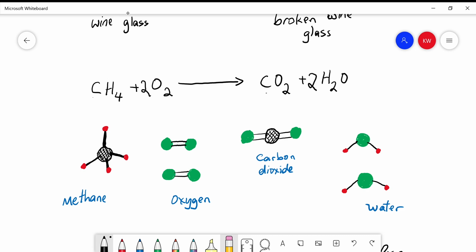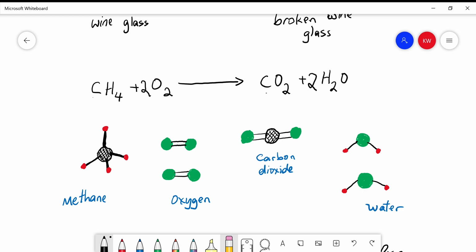We have two of these, so we do two diagrams. And we have carbon dioxide. Here again, we have a double bond between carbon and one oxygen, and a double bond between carbon and another oxygen. This is our carbon dioxide. And we have two water molecules, each with one oxygen and two hydrogens.